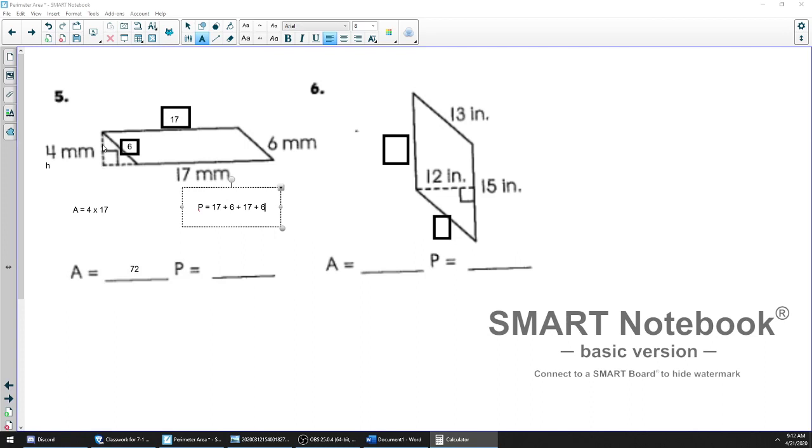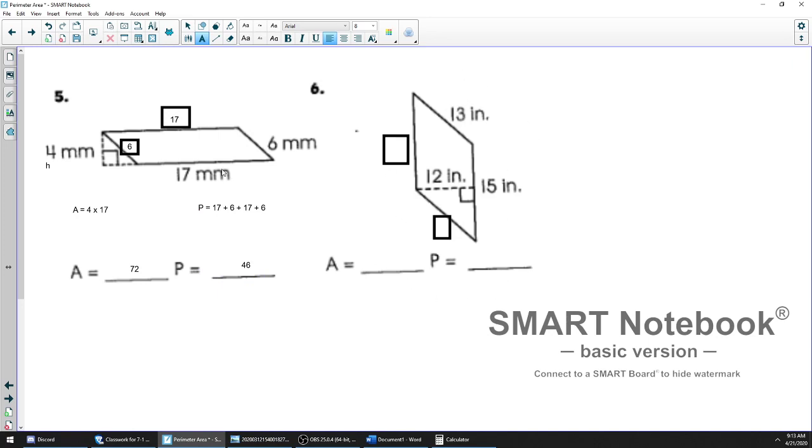It's not really there on this parallelogram. We're only measuring the sides of the parallelogram. And if I add it all up, what do I get? 46.